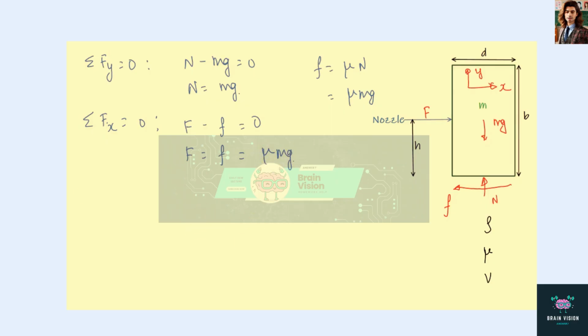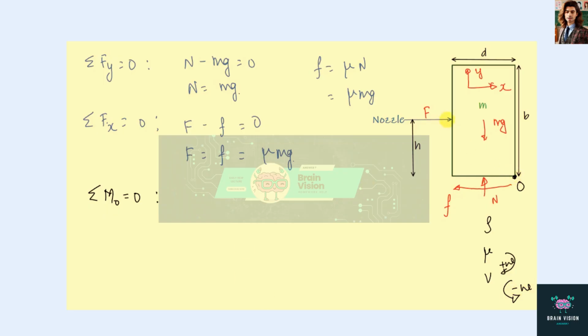Now we can do one thing to calculate the coefficient of friction mu. We can take moment about this point. Let this point be O. So we'll be taking moment about point O. So sigma Mo equals 0. The forces making a clockwise moment we will take as positive, and those in the anti-clockwise direction we will take as negative.